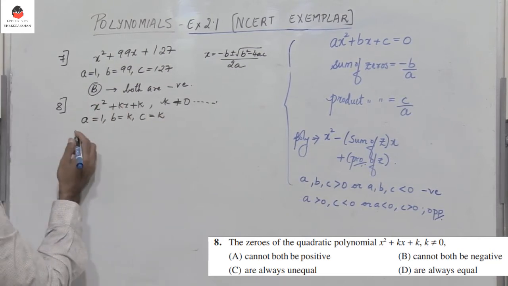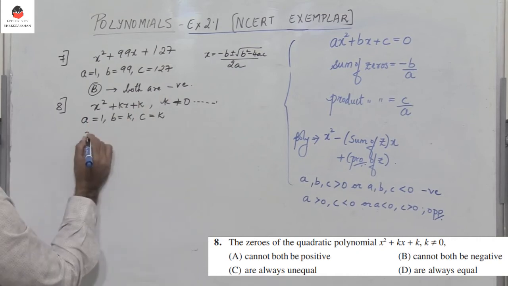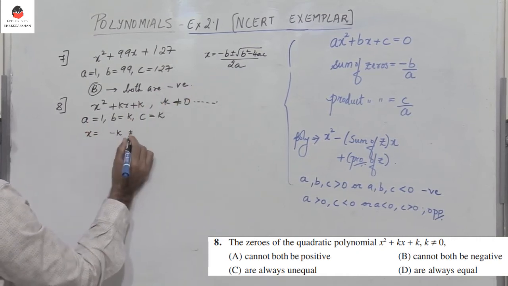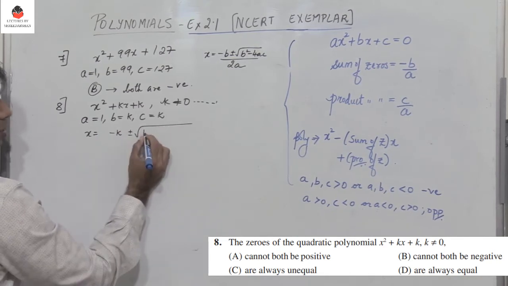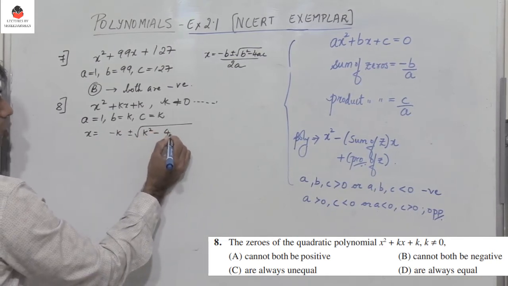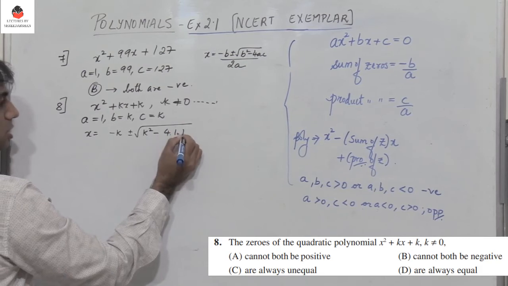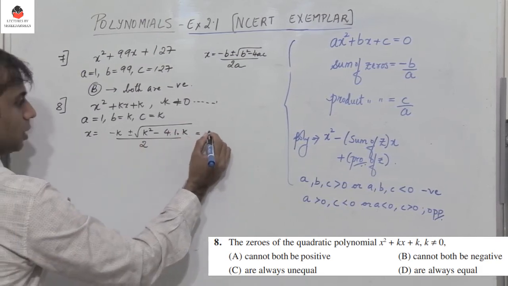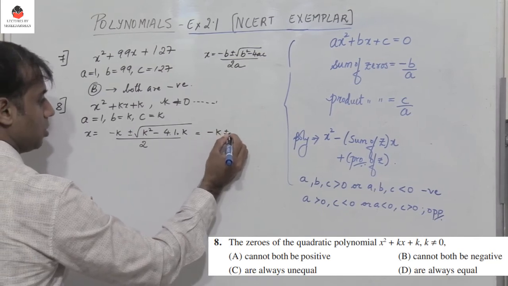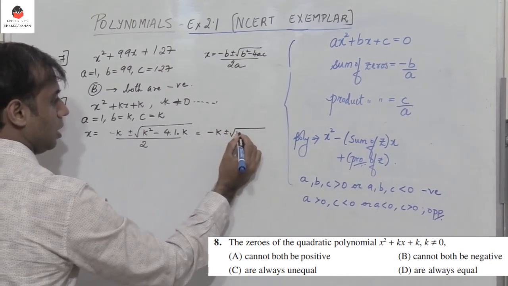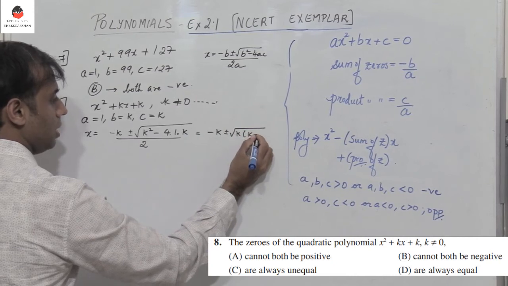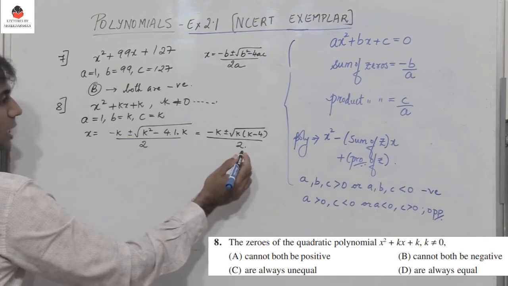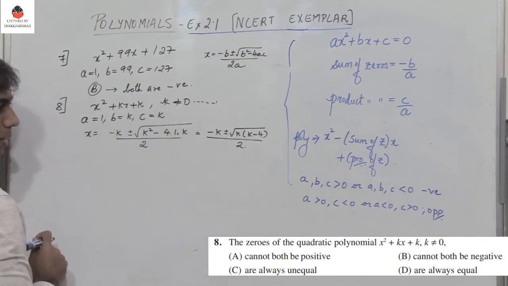So now let me use the expression x equals minus b, which is minus k, plus or minus root of b square, which is k square, minus 4 into a, which is 1, into c, which is k, divided by 2. So I get the expression: minus k plus or minus root of k into (k minus 4), divided by 2. Of course, given k is not equal to 0.